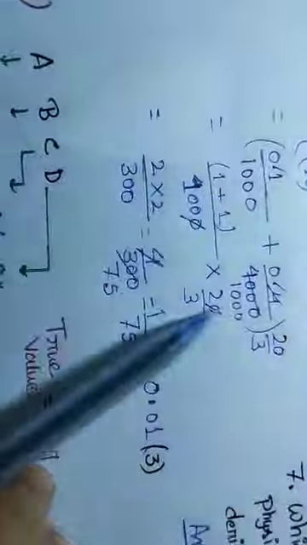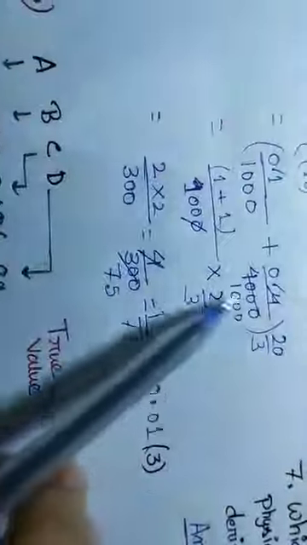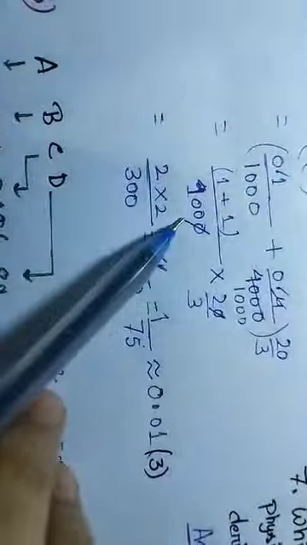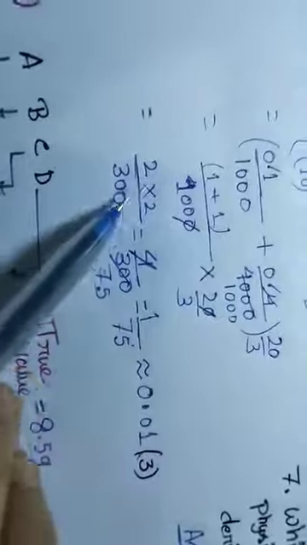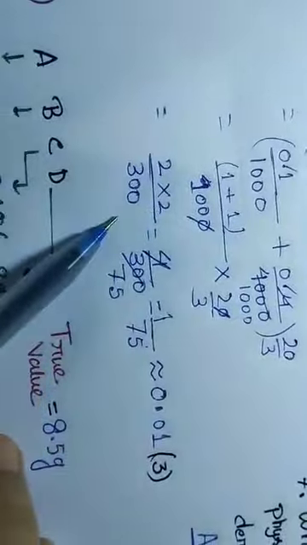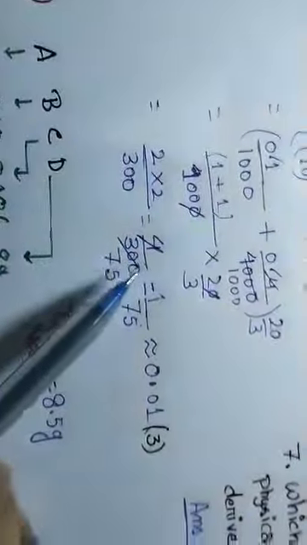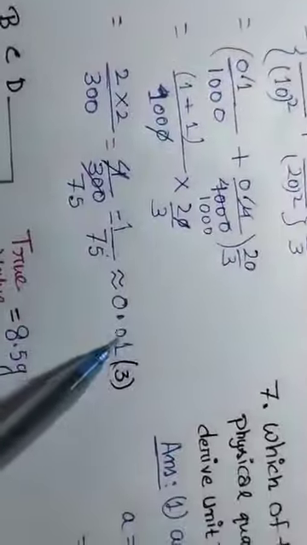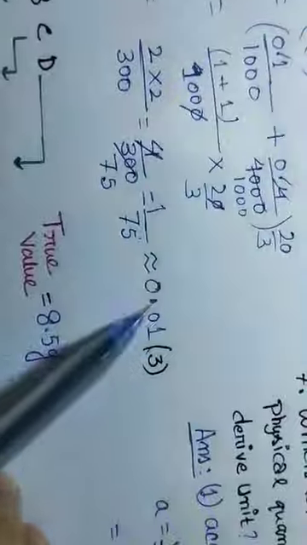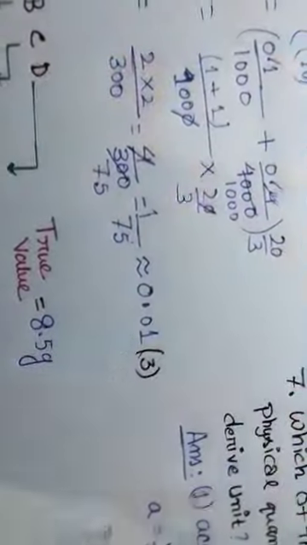So 2 and 2, and we cut the 0s, and that is 2 into 2 divided by 300. Now it will come 4 by 300, that means 1 by 75, and if we calculate this, it will be 0.01. Option number 3 is the correct answer.